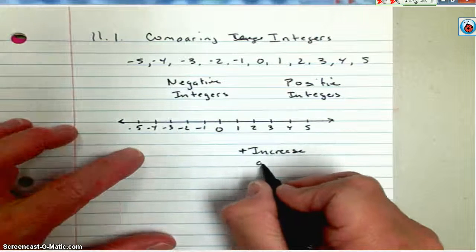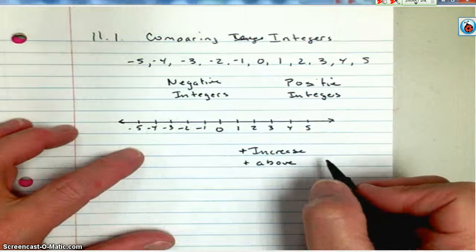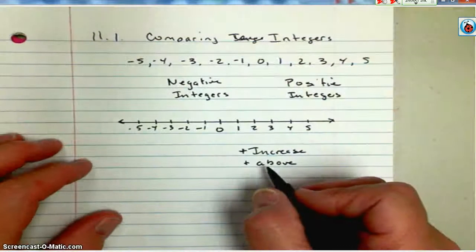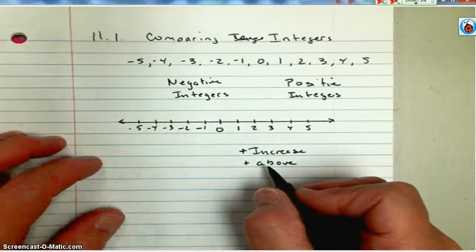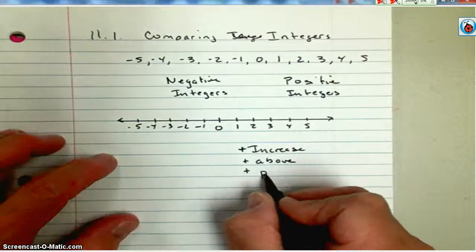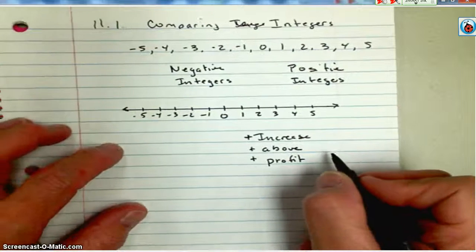If the temperature is above 0, it's a positive integer. If, for example, you babysit or do a job and you have earned extra money, you have a profit, once you've taken out all your expenses, that kind of thing.